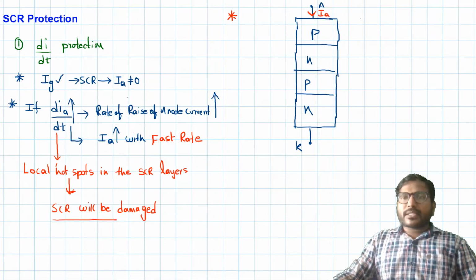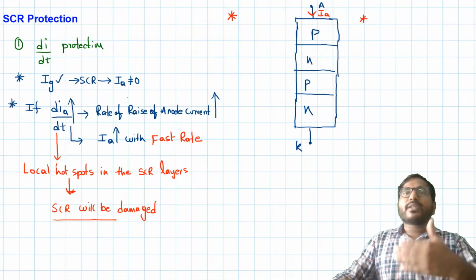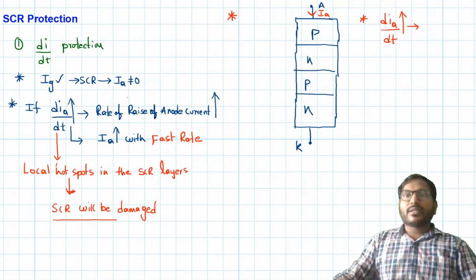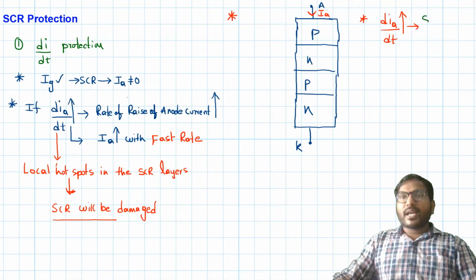Our assumption is that the rate of rise of anode current, dIA/dt, is more. Technically, it means the anode current increases at a fast rate.